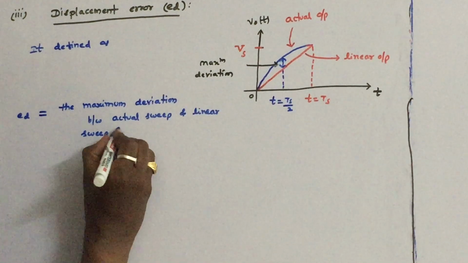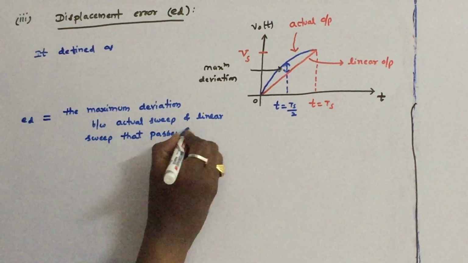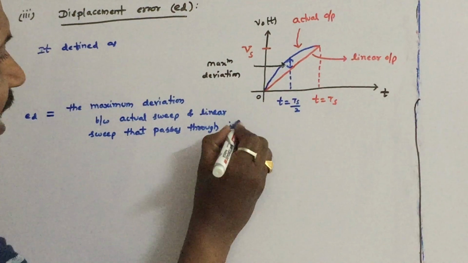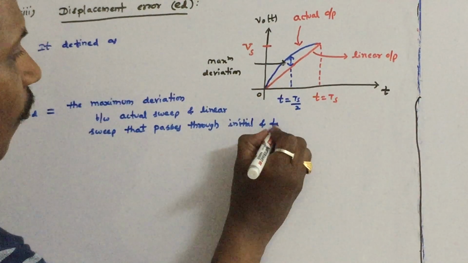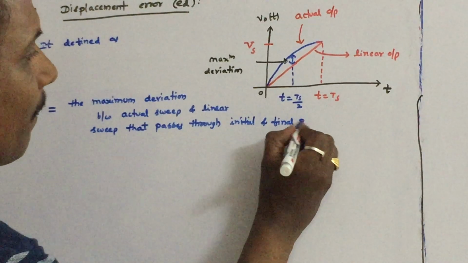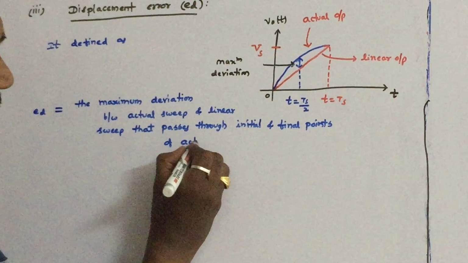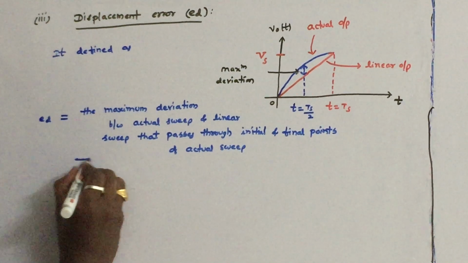What is the linear sweep? That passes through the initial and final points of the actual sweep.